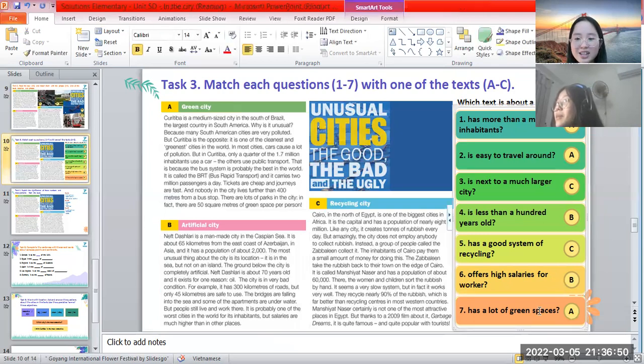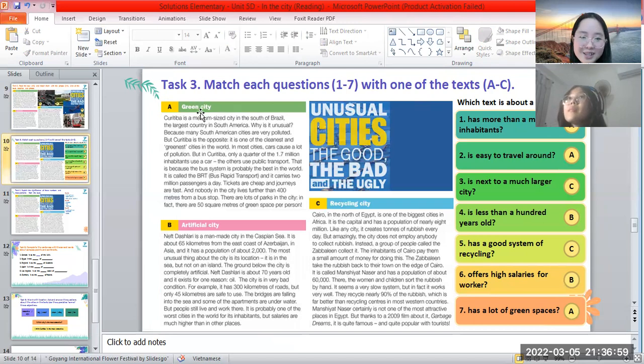Okay, the last question. Which text has a lot of green spaces? I think it is A, because the title, the city here is Green City. So that means it really has a lot of green spaces. There are lots of parks in the city.